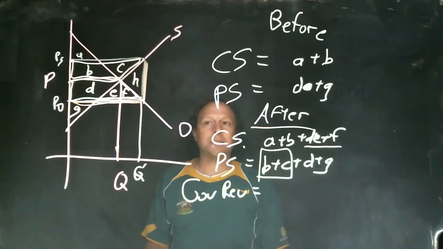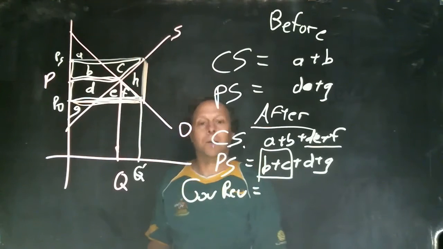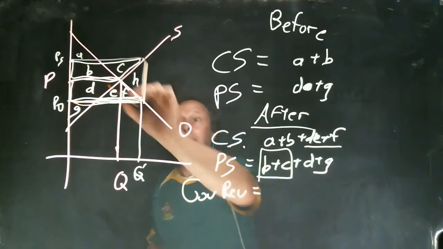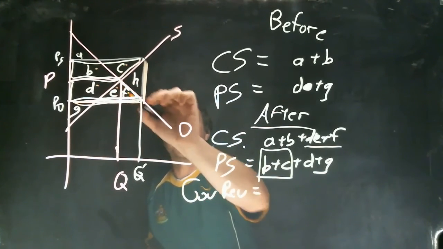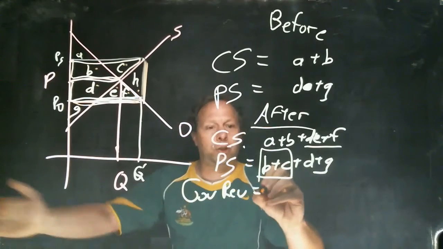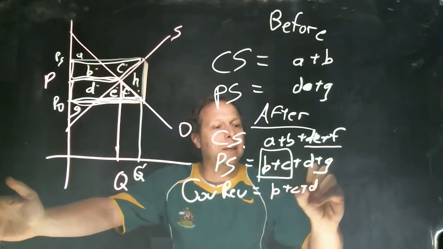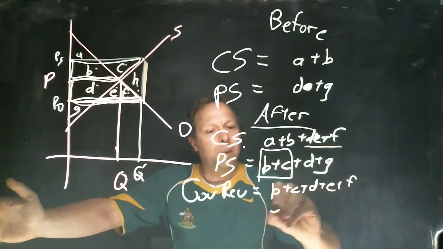So the total size of the subsidy is this entire area of the rectangle. So the government revenue needed to pay for the subsidy is B plus C plus D plus E plus F plus H.